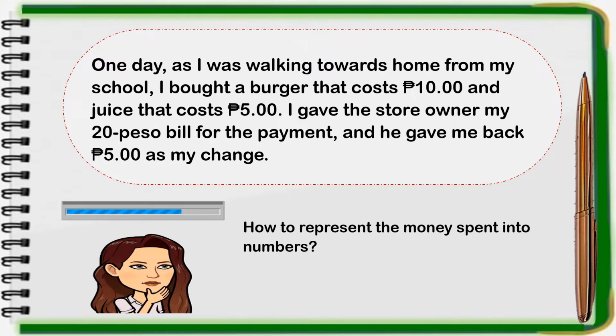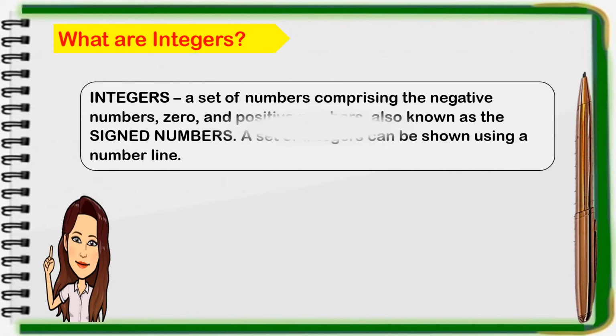Okay, maaari natin itong i-represent gamit ang integers. Pero, ano naman ang mga integers? Integers, a set of numbers comprising the negative numbers, 0, and positive numbers, also known as the signed numbers. A set of integers can be shown using a number line.